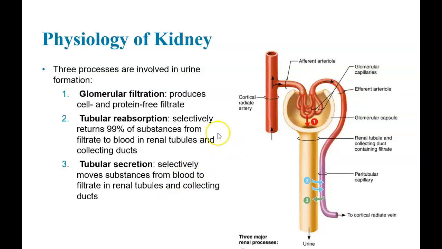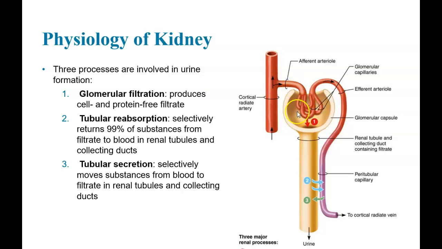Okay. So the blood is obviously traveling through the arteries. So in this case, it's the cortical radiate artery. It reaches the glomerulus here. So this is the network of capillaries that are fenestrated. So it allows for the filtrate to exit the blood vessels, but it keeps the red blood cells in here.